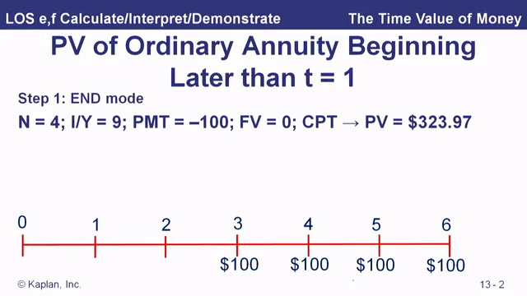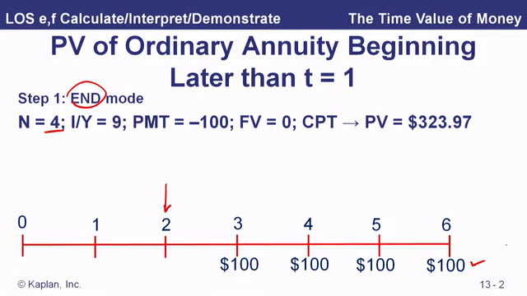However, we can do that with our calculator too. Now remember, in end mode, we're going to get the value 1 period before that first payment. So we put it in end mode. We put n equals 4 because we've got 4 annuity payments here. We've got our interest rate of 9.